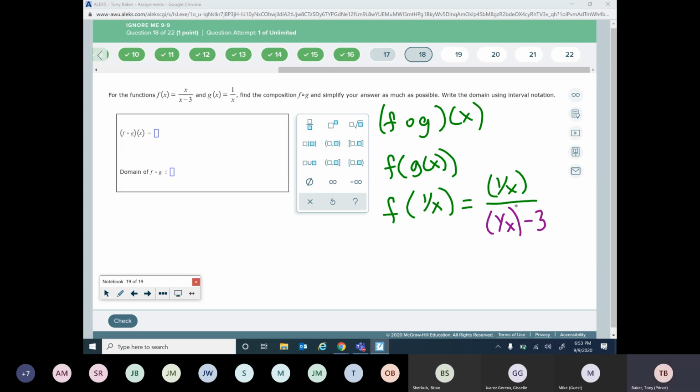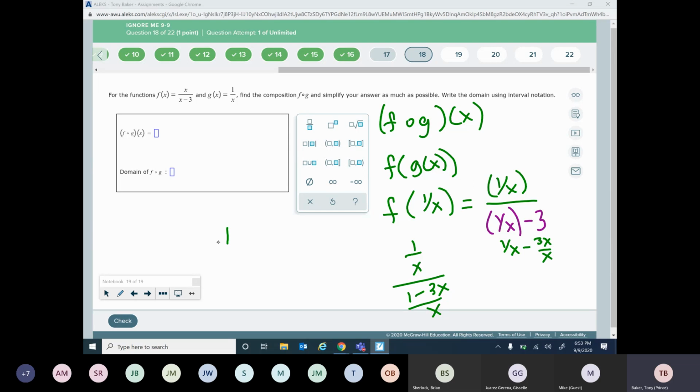So now we have to simplify this problem down. So I have 1 over x on the top, and the bottom is going to be 1 over x minus 3x over x. So I get 1 minus 3x over x.